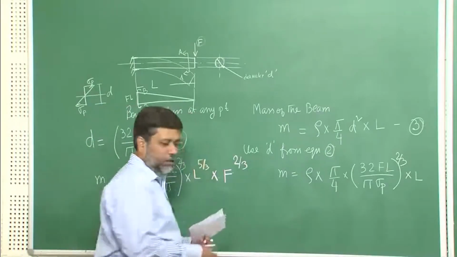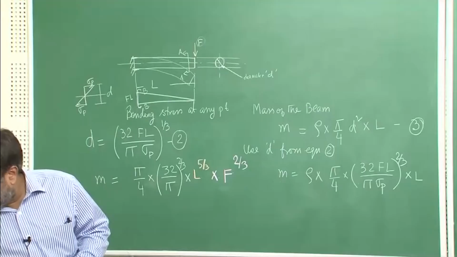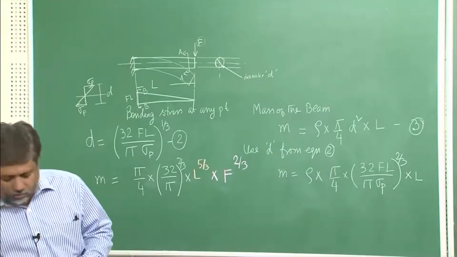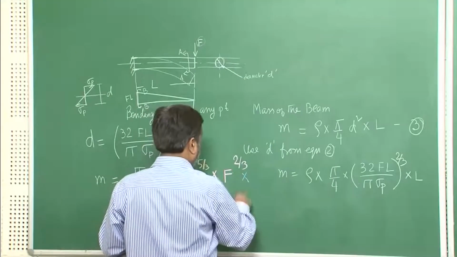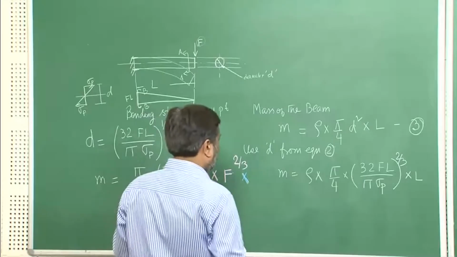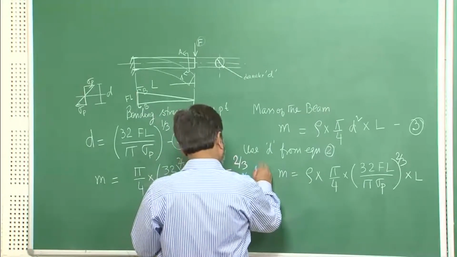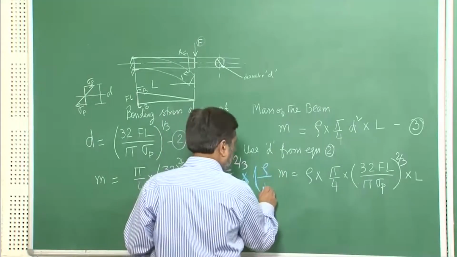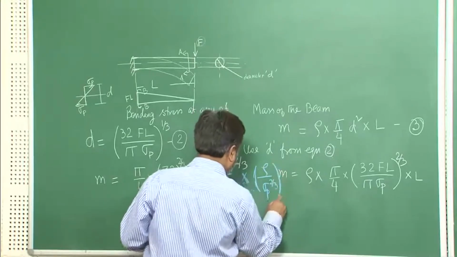And finally, we boil down to the materials part of the system, multiplied by rho over sigma p to the power 2/3.